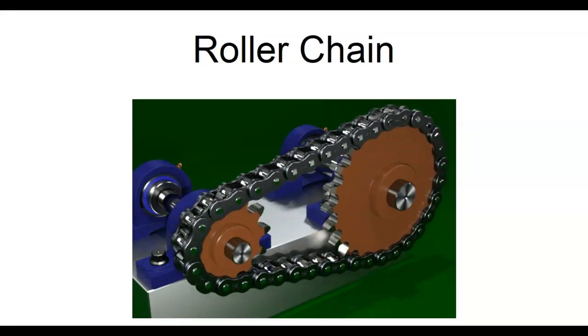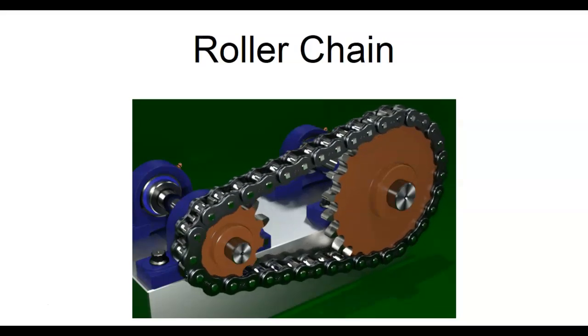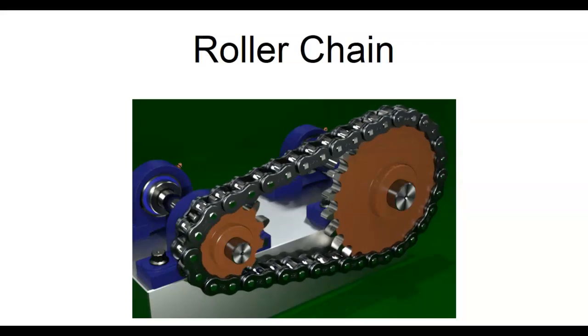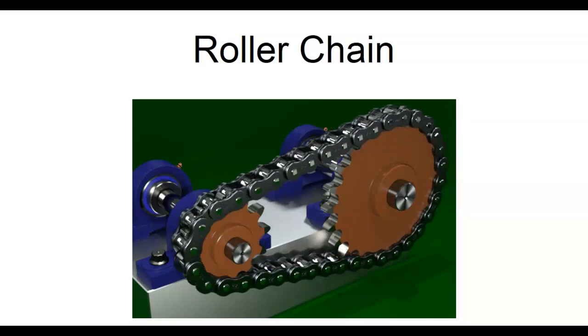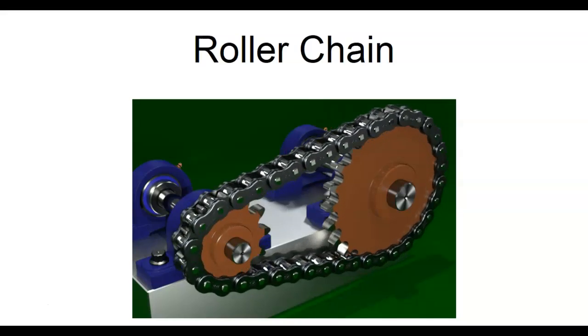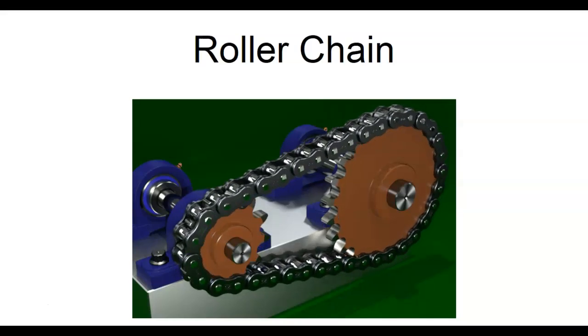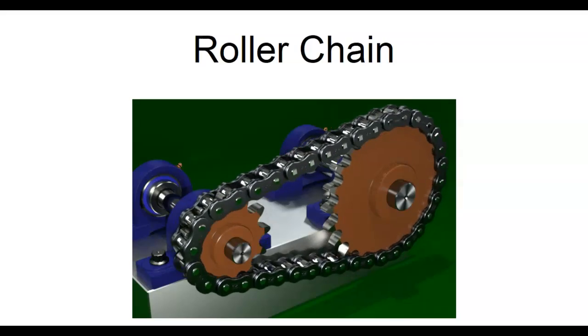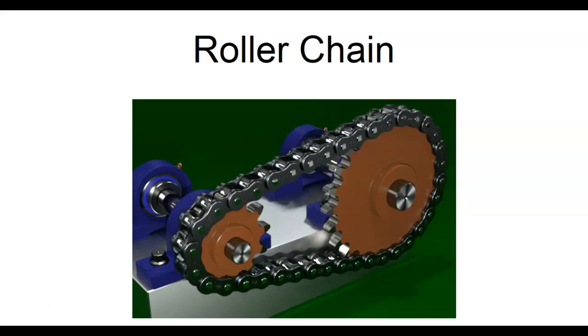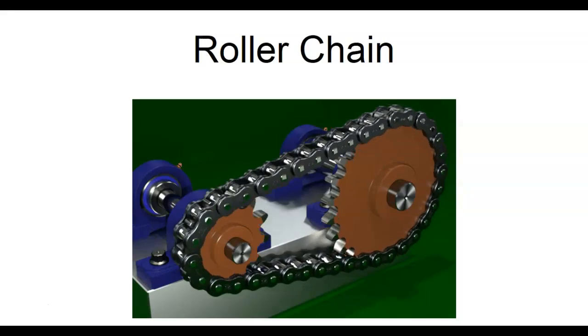And what do you notice about the driver and the driven? They turn in the same direction without an idler. We don't call these gears. What do we call these things? Start with the S. Sprockets, yeah.